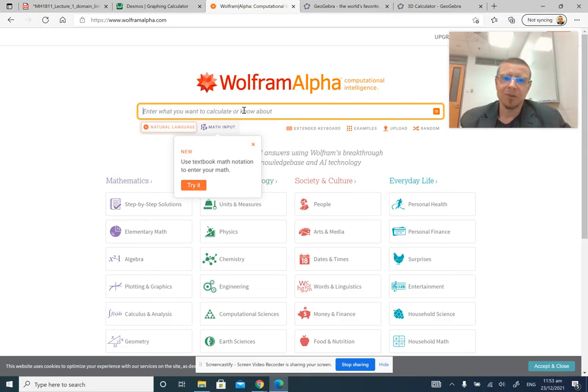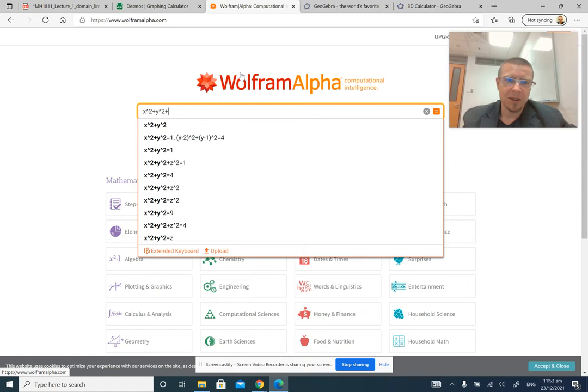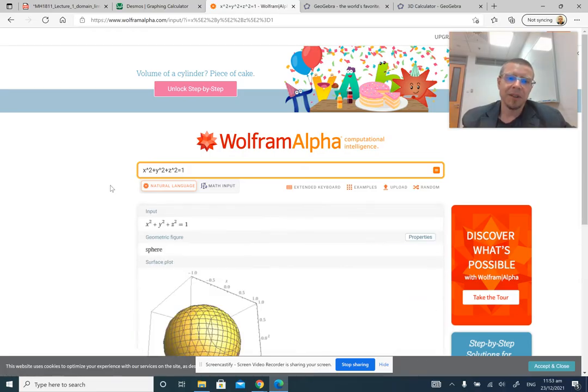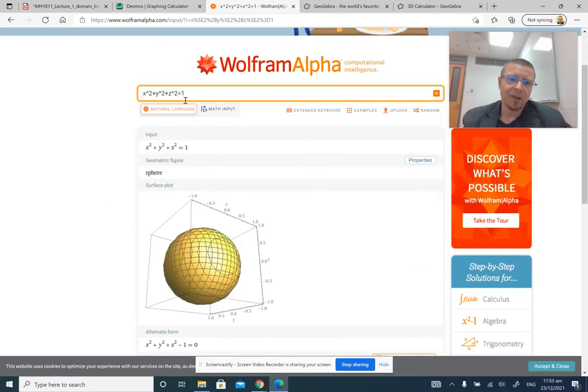But sometimes it is possible to use Wolfram Alpha and GeoGebra to do it. So let me show you how it works in Wolfram Alpha first. So x squared plus y squared plus z squared. Let's say first I'm going to try to draw a simple sphere, right? You can look at the sphere, but it will do even more complex surfaces.